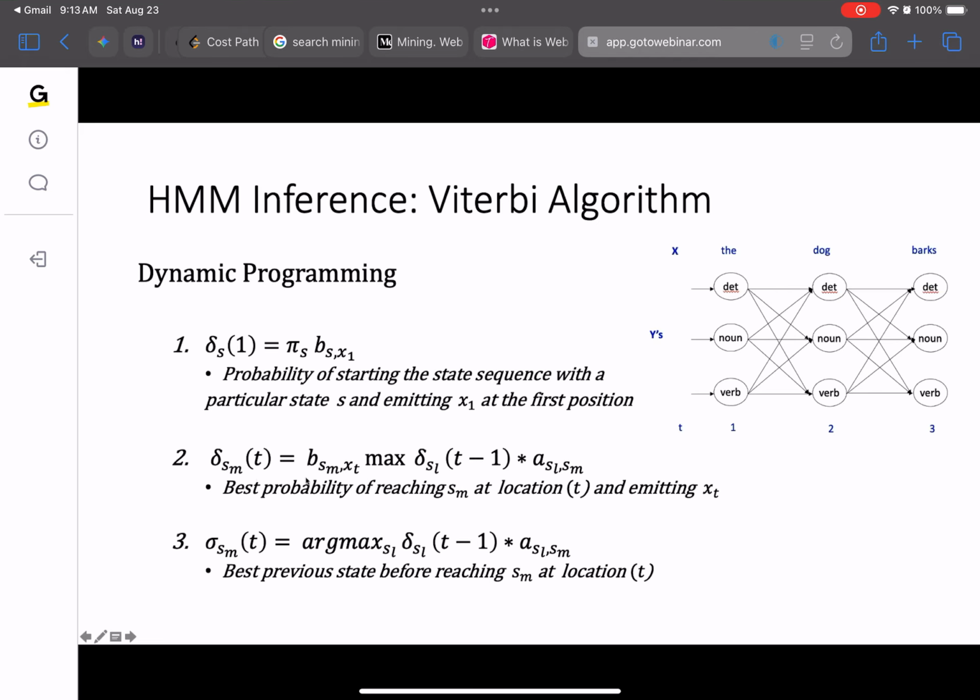By making use of the Markovian assumption, we can rewrite deltas in terms of previous deltas and the transition probabilities from that particular state to the current state, and also the emission probability of being in the state S and emitting the symbol x_t. And in order to decode the best possible sequence, similar to the backtracking pointer in dynamic programming, here we use psi to backtrack the best possible state sequence, which is the argmax over S, which keeps track of the best possible previous state.